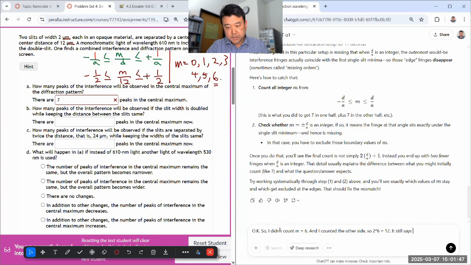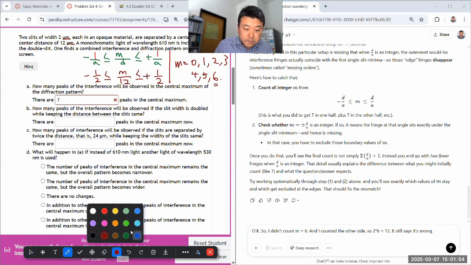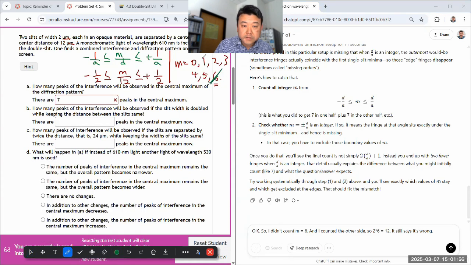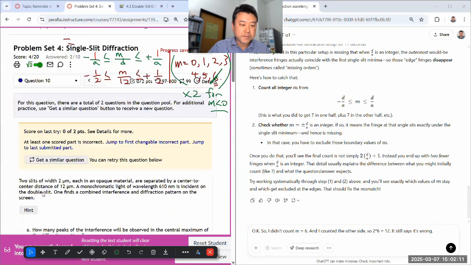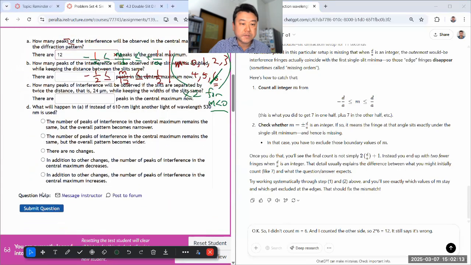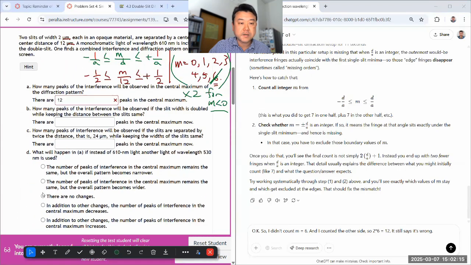It still says it's wrong. So let me write it out. Now count this and this times 2 for negative m, which should have been the hint: you shouldn't count m equals 0 again. I think once we get through this part, the rest should be easier. So we'll wrap this up soon.